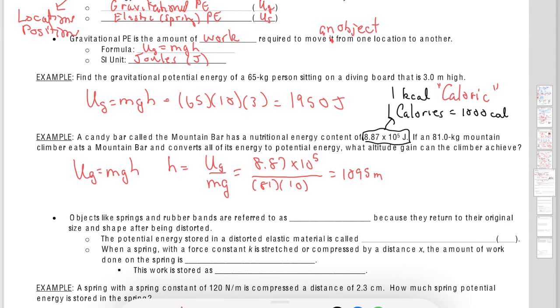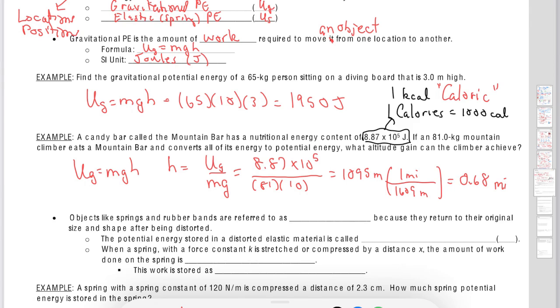Sometimes, if they want this in a non-science way, they may ask you to report your answer in miles, just to give you a comparison. One mile is 1,609 meters, so we take that 1,095 and divide by 1,609, and we find that it's the equivalent of 0.68 miles.